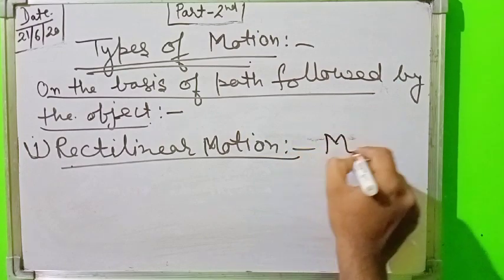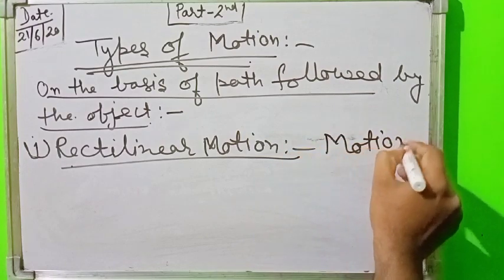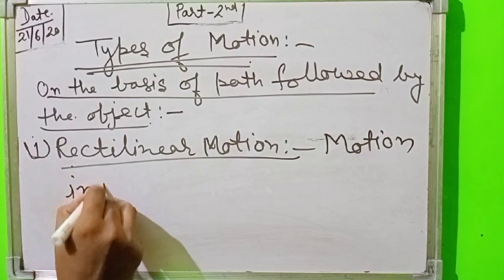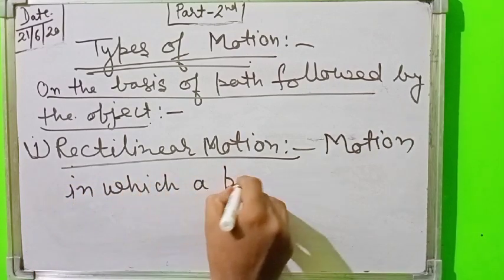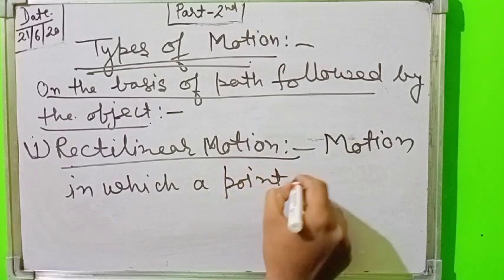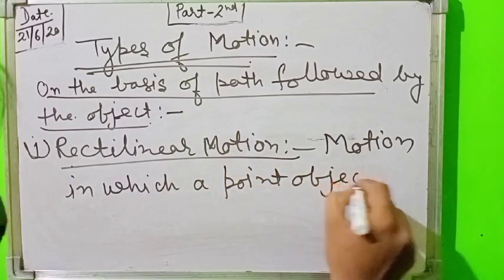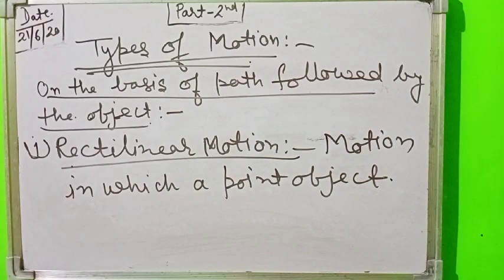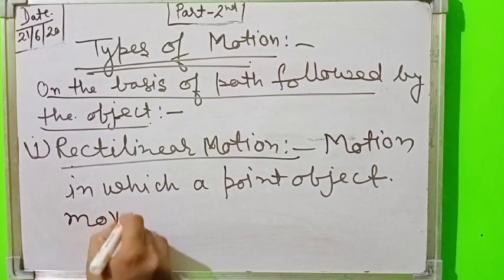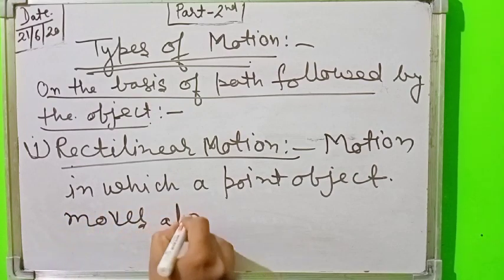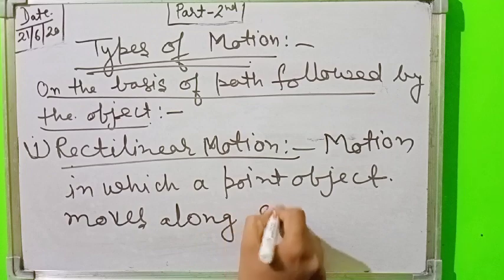Motion in which a point object moves along a straight line.